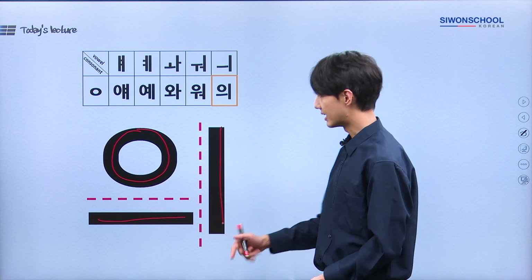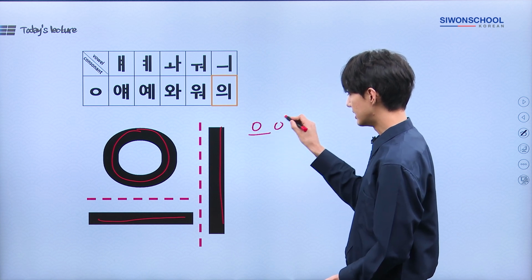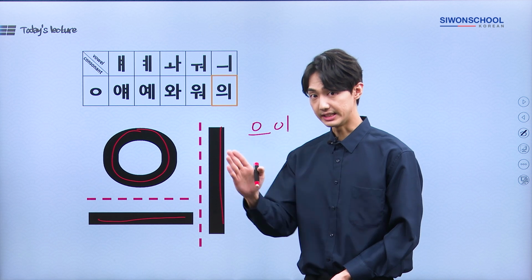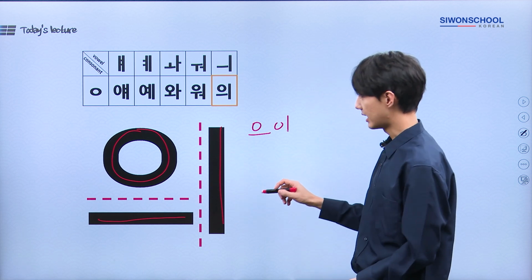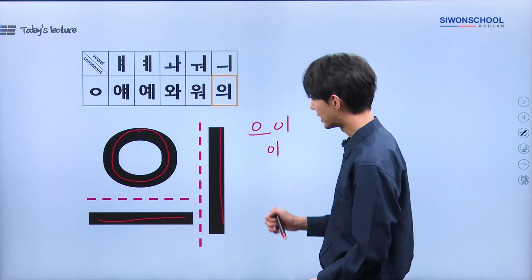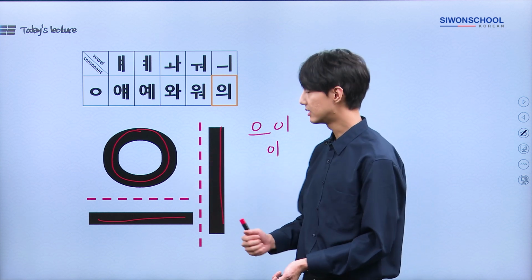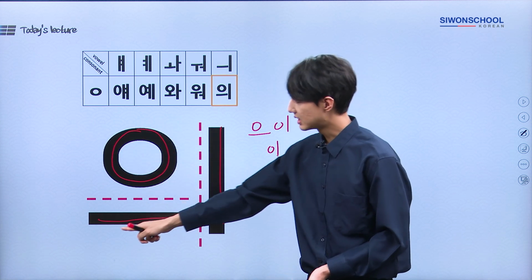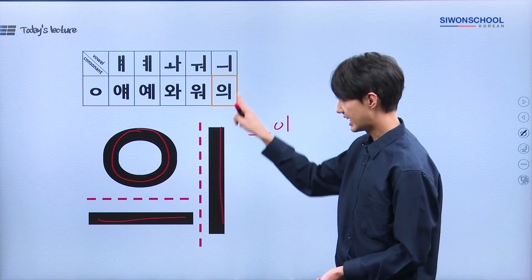If you pronounce 의 and e fast, it's 의. Okay? And I think this kind of sounds like e sometimes, but it's called 의. Okay? So when you write it, you write the circle first, and then the vowel.